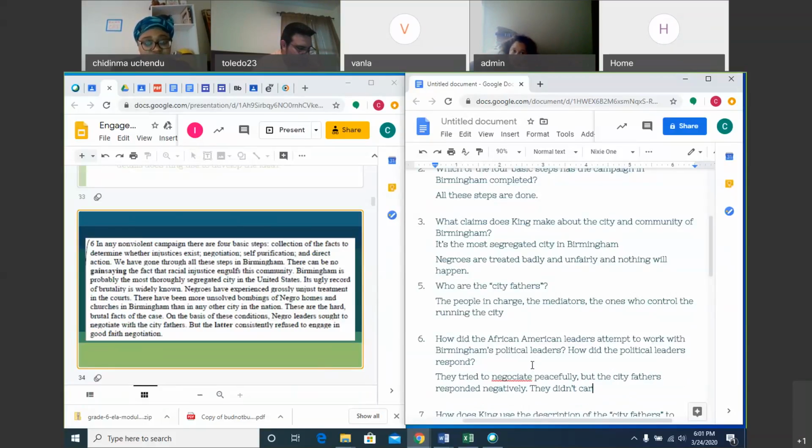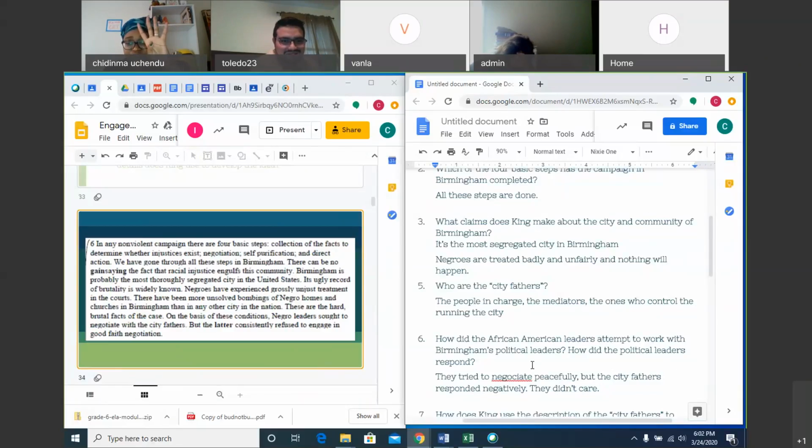Exactly. It says in the paragraph, negotiation and self-purification. What does that mean? What were they trying to do when it says self-purification and direct action? Okay, Manuel, since you talked about the 4 stages of nonviolent campaigns, can you explain that to us again?